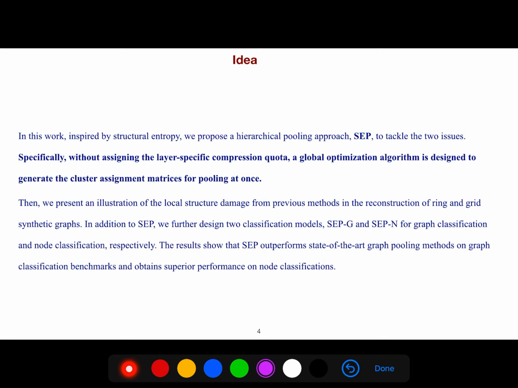So, inspired by structural entropy, we propose a hierarchical pooling approach to tackle the two issues. Specifically, without assigning the layer-specific compression quota, a global optimization algorithm is designed to generate the cluster assignment matrices for pooling at once.